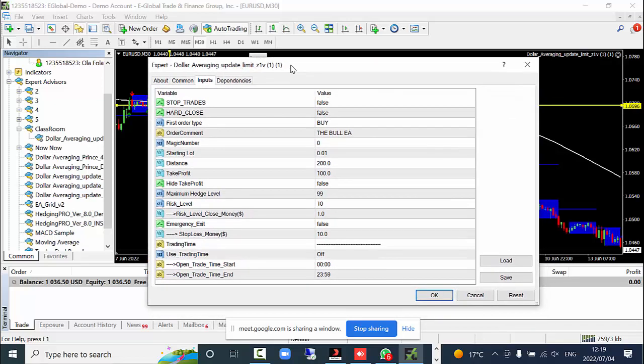Now we have done our analysis, and I want to use 0.01 lot size to risk my 1%. Now 1% is 10.36, right? So what you do is stop trade, leave it at false. There's a time to use them.